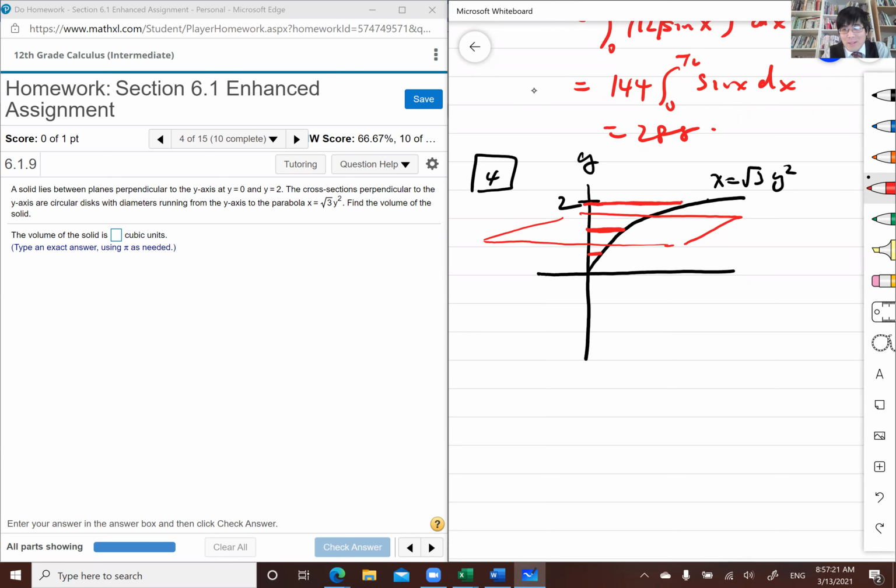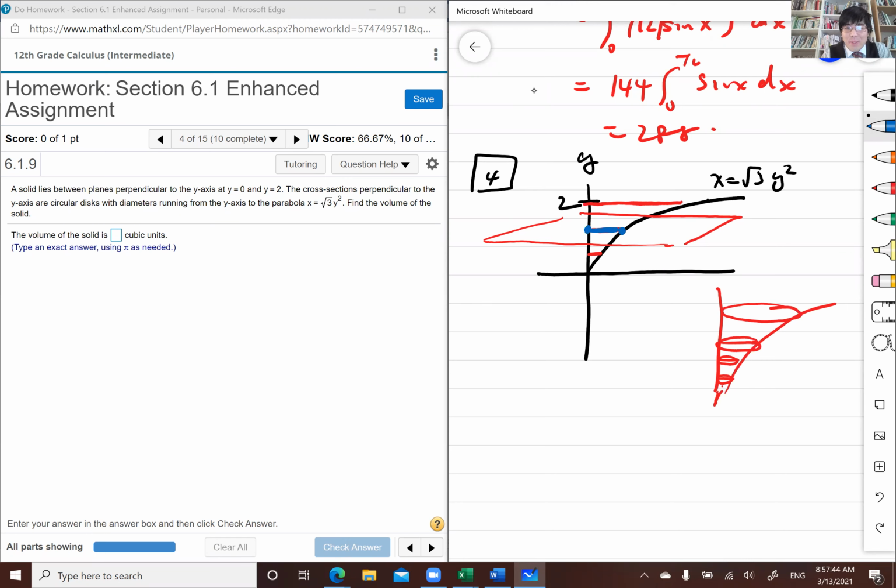So in the three-dimensional case, this is going to be a circle here, a circle here, a circle here, and so on. All we need to know is that the length here is a diameter. So we want to know the length here.